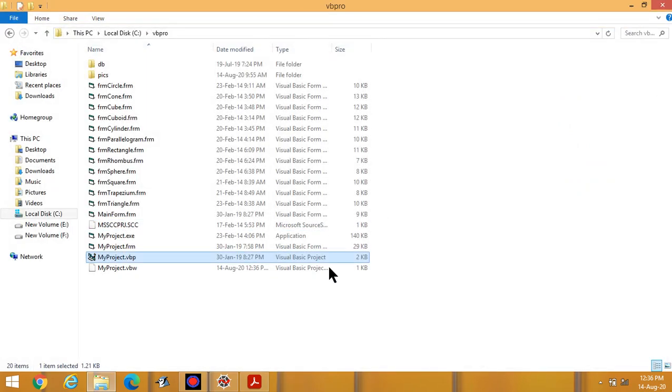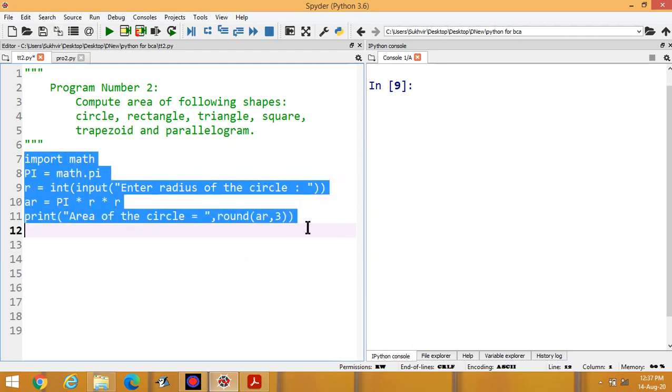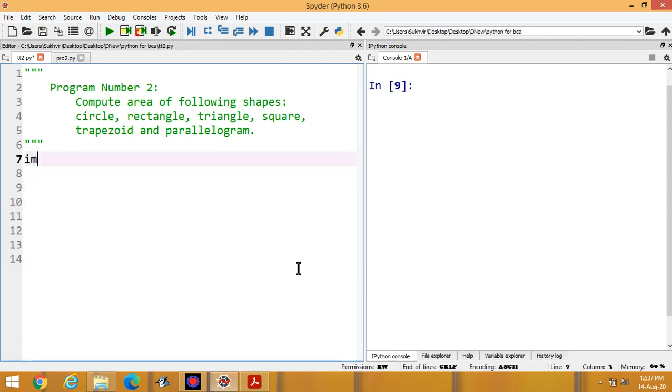Let us start with the programming concept. First one is import math. Suppose I write pi is equal to math dot pi. This declaration is there.